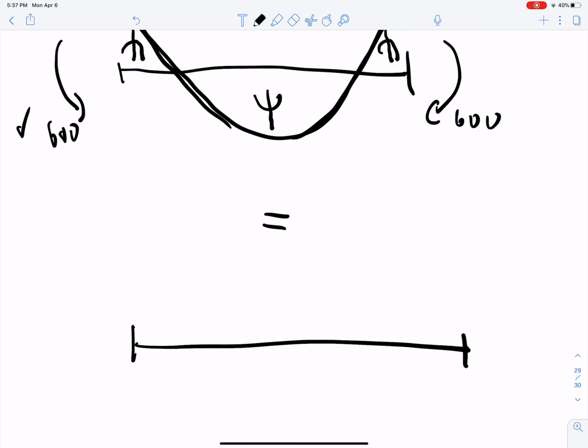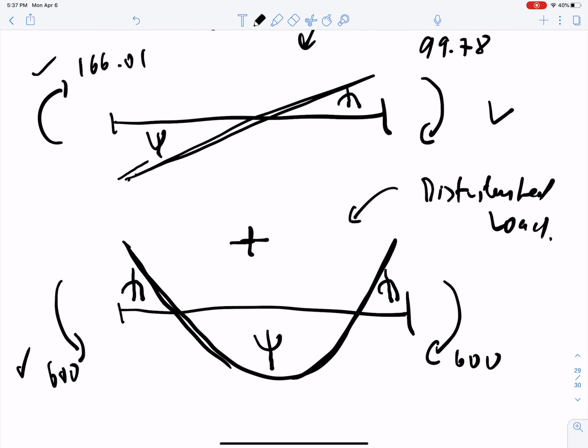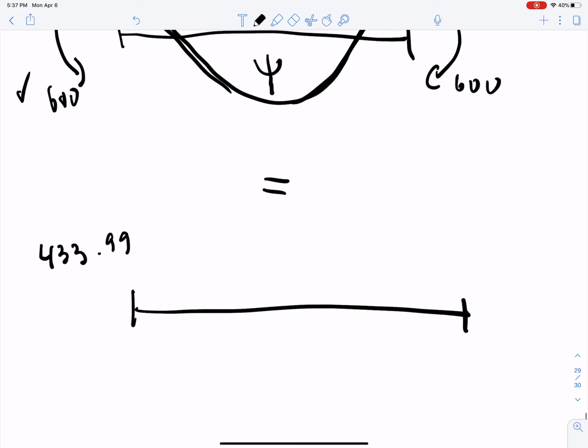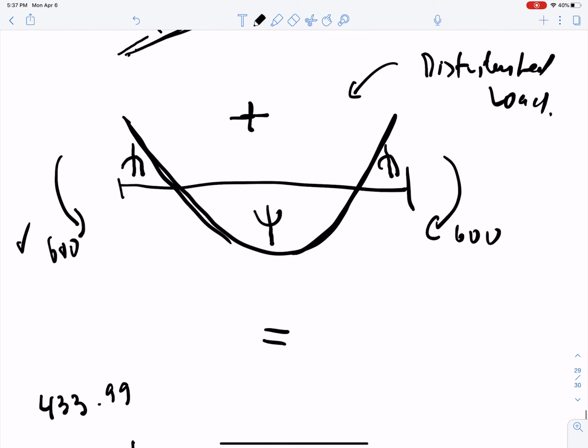You have minus 433 here, 0.99, right, which is exactly the difference between 600 that wants to make it concave and 166 that wants to make it convex. Okay, on the one side, right? The 600 here wins out.